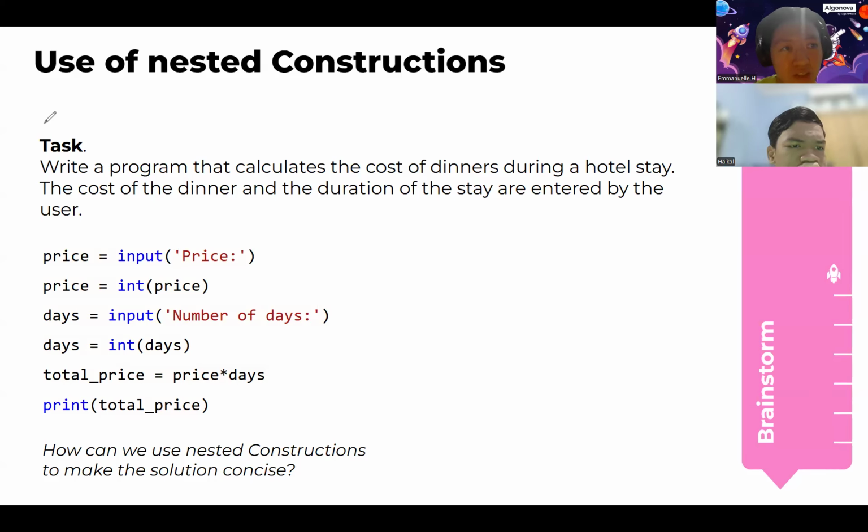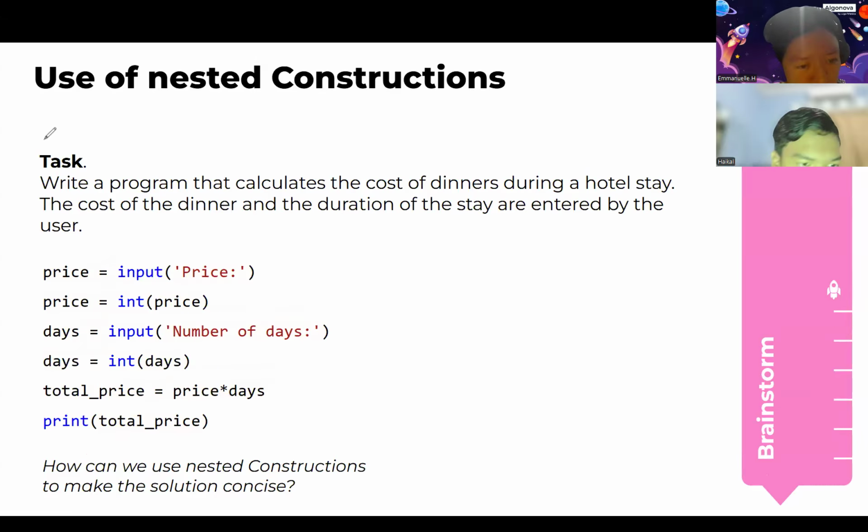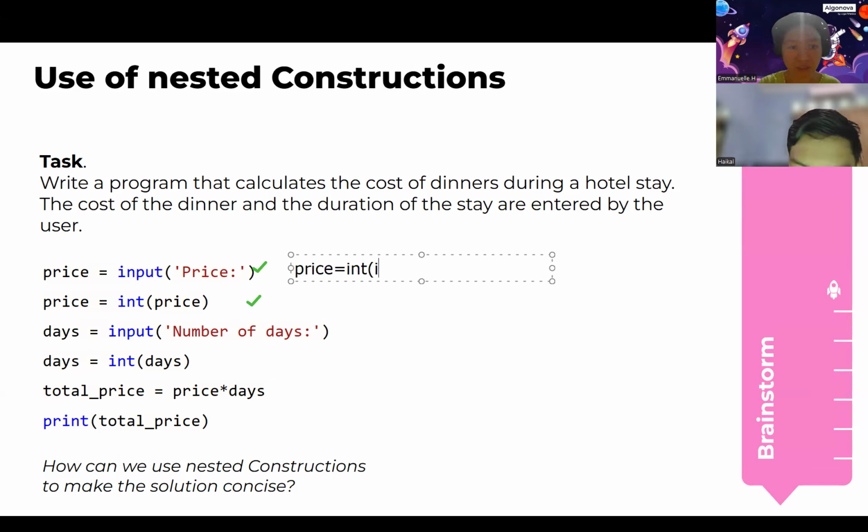Can you select which one can be shortened? What do you mean shorten? From two lines into one line. For example, this one and this one, it will be price, integer, input, like this.